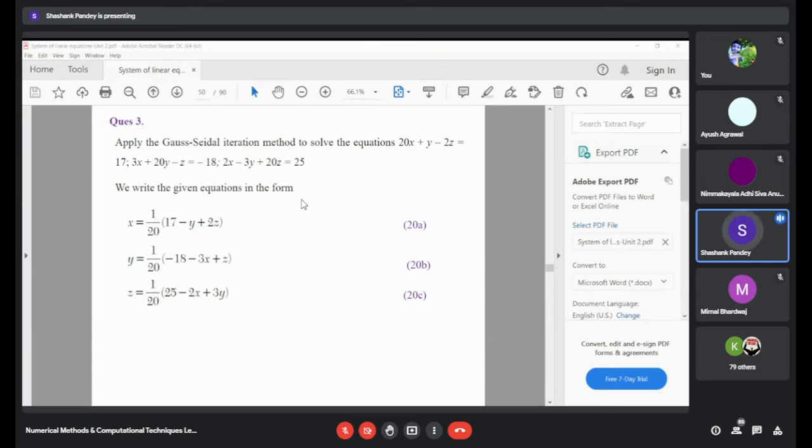So if you substitute the value of z, that is assumed z equal to 0, and the updated value of x1 in this equation number 20b, what do you get?